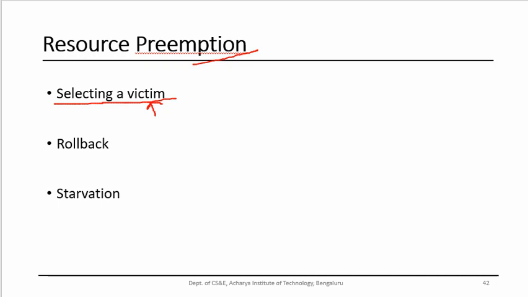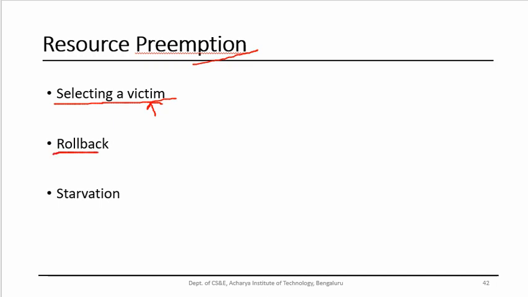Again, some of the parameters that we discussed in the previous slide for selecting a process to abort could be used here for selecting the victim. That is, if the process has run for a longer time, then such a process should not be selected as a victim. So this is a challenge in case of resource preemption.